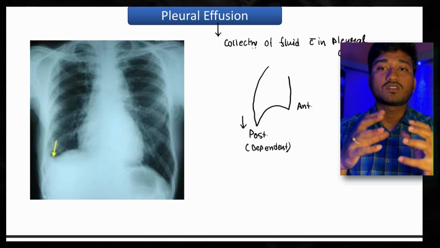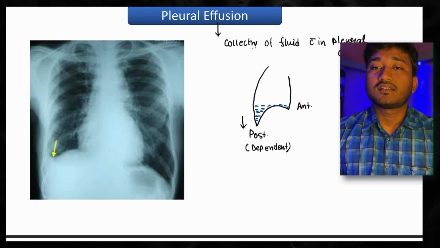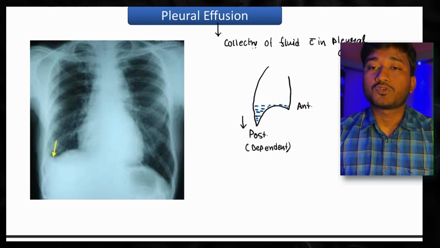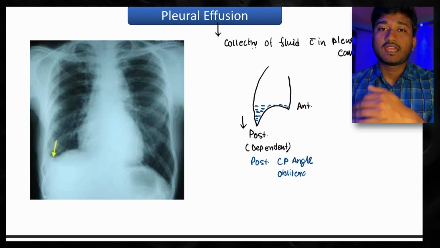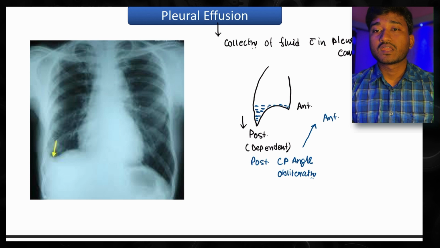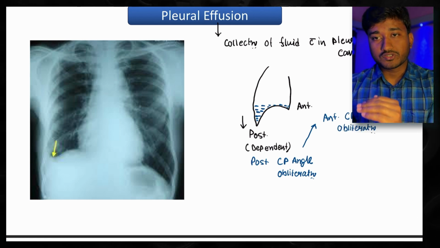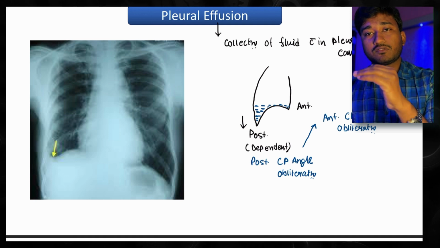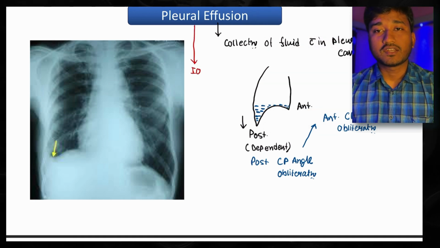If there is collection of fluid within this space, we call it pleural effusion. In the lung, the posterior CP angle is much deeper than the anterior angle. Due to gravity, the fluid will first go to the posterior CP angle, then eventually come to the anterior costophrenic angle, and there will be obliteration of the anterior CP angle.